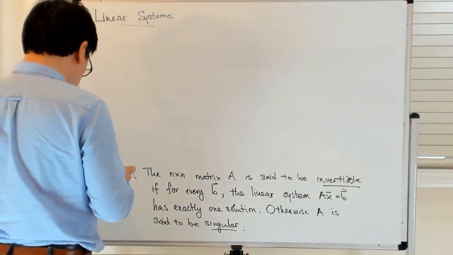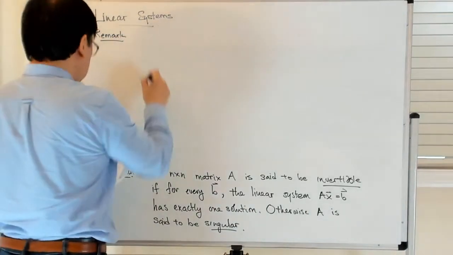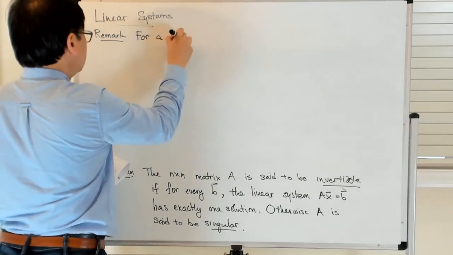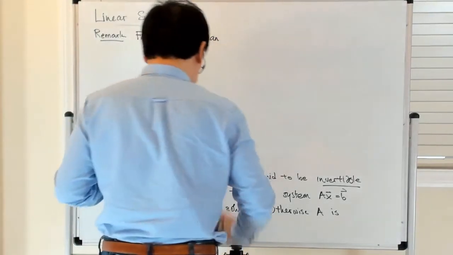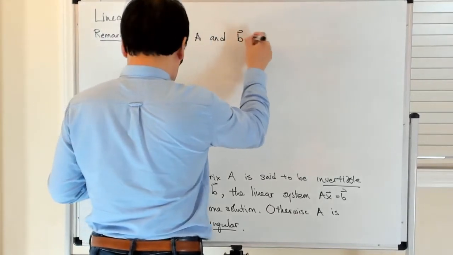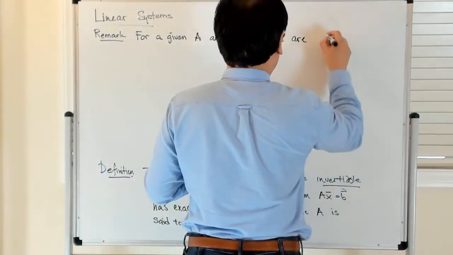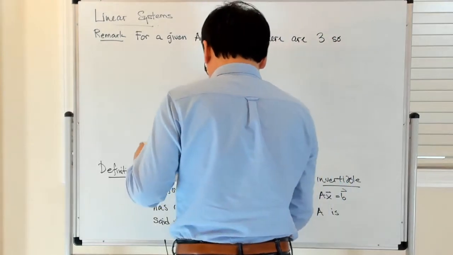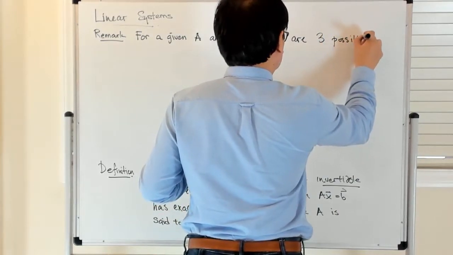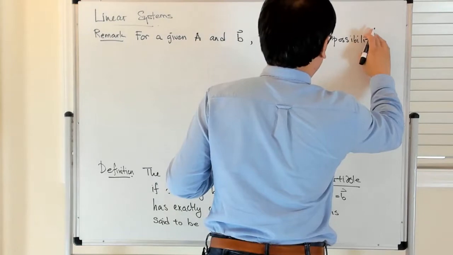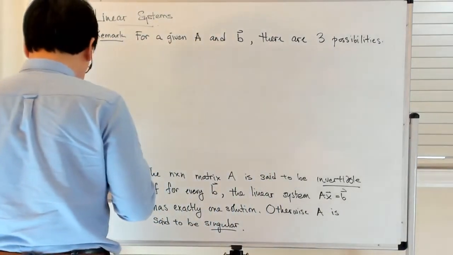The remark is as follows: for a given A and b, there are basically three possibilities.